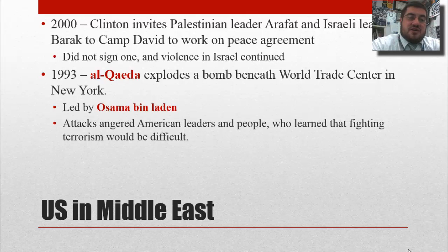And so during the Clinton years, also the bombing of the USS Cole in 2000 is a terrorist attack, and the 1998 embassy bombings in Africa on the U.S. embassies are attacks on the United States. And Clinton responds to those with bombings, but he does not respond to the Cole attack either.